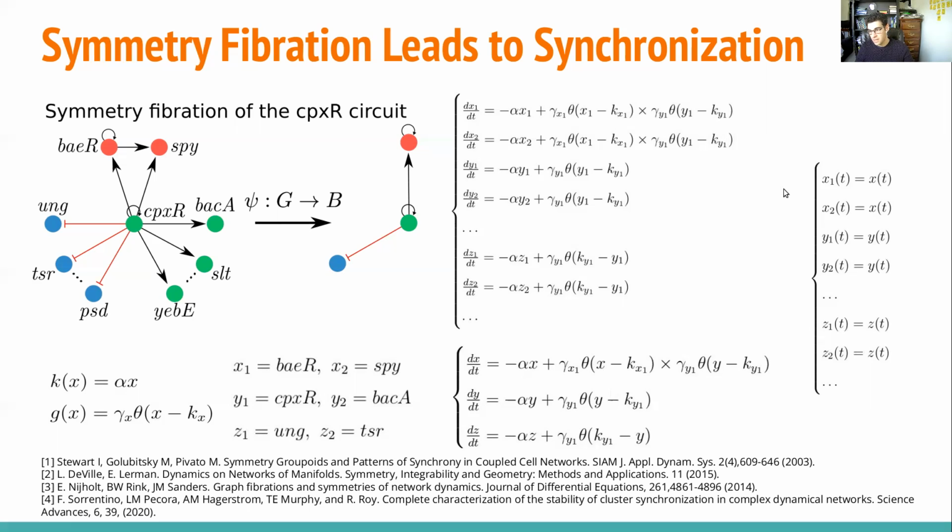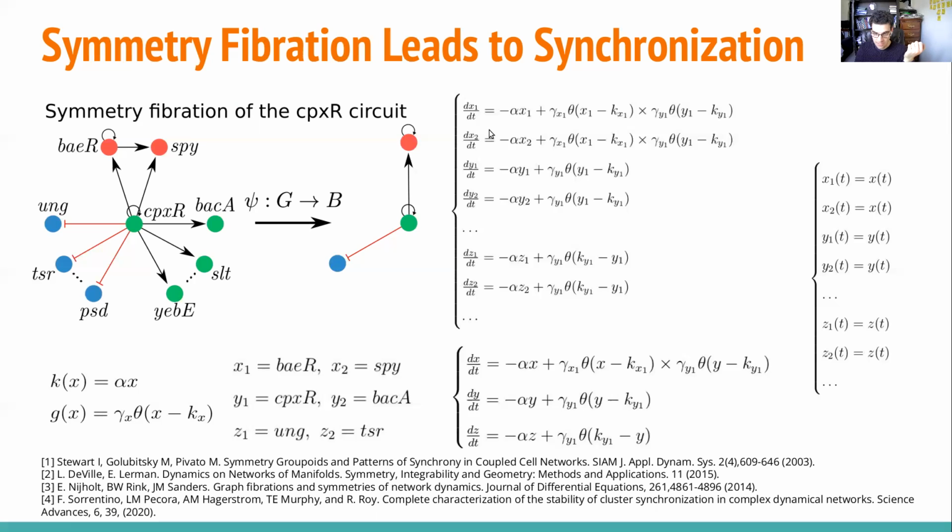If we plug in x of t, y of t, z of t in such a way that all the x's are equal to x, all the y's are equal to y and all the z's are equal to z, we will see that all these equations just collapse into this small set of 3 equations, which is great, which means that this solution is a solution of this system.